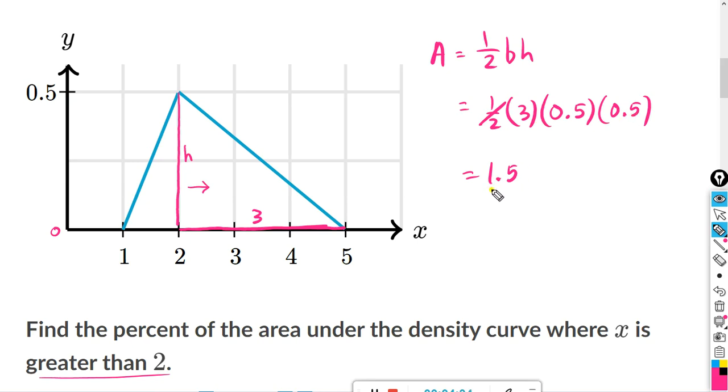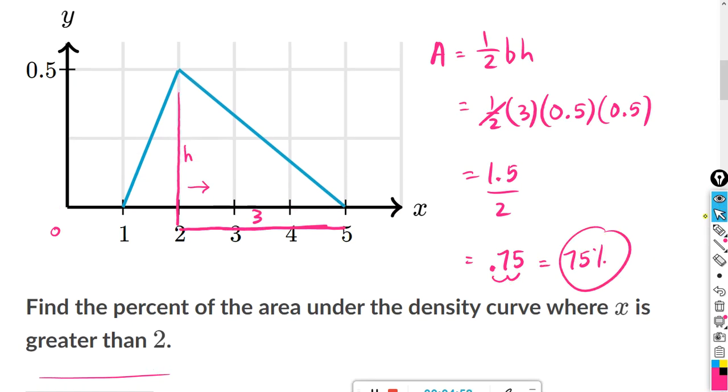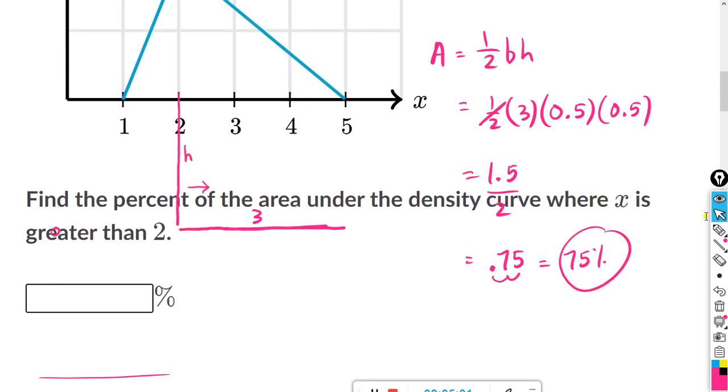You can do it on the calculator, but times 0.5 is the same thing as divided by 2. 1.5 divided by 2 is 0.75. And converting to percentage, move it over 2 places. That's going to be 75%. So in the box, you just type 75.